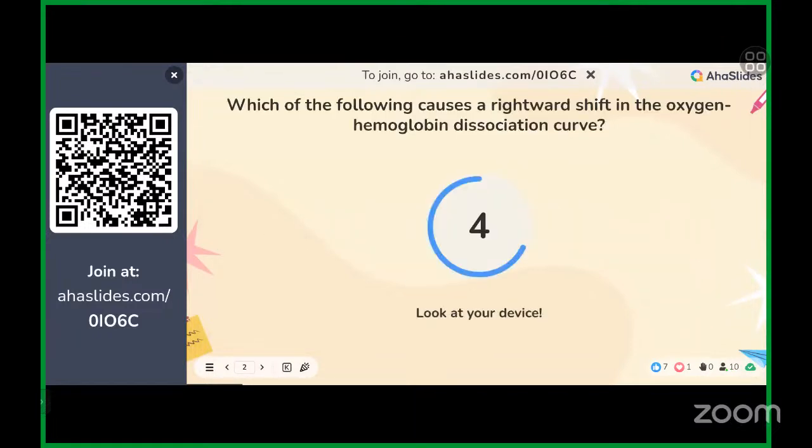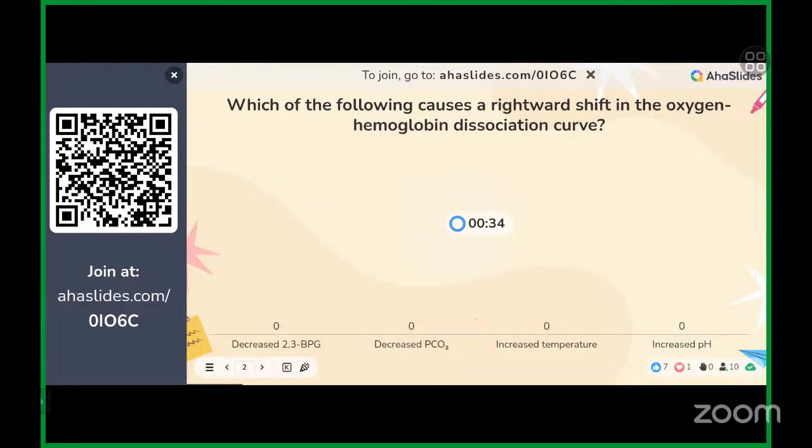So the first question is, which of the following causes a rightward shift in the oxygen dissociation curve? Oxygen hemoglobin dissociation curve.